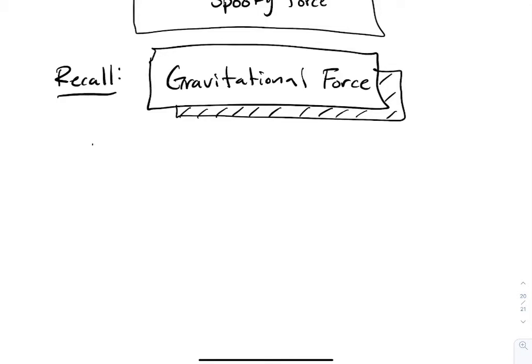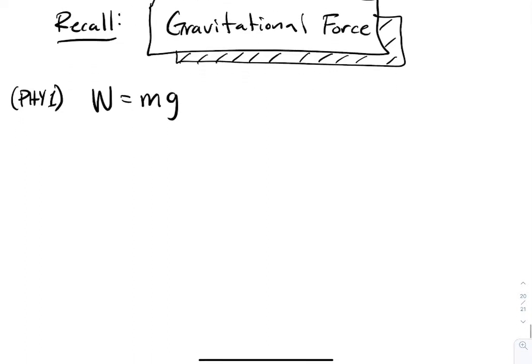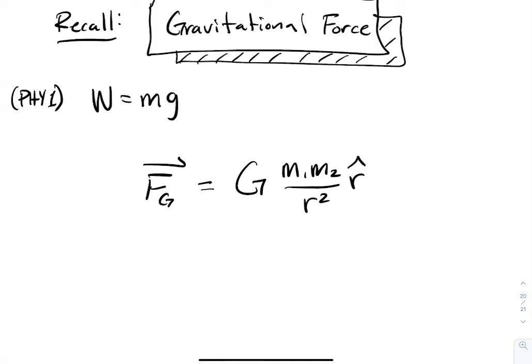So weight from Physics 1 was equal to mg, and that's how we would discuss the gravitational force. But if we wanted to use the Newtonian representation of the force due to gravity, it would look like this, where we have m1, m2 over r squared, and the direction would be radial, so we put an r hat vector there.